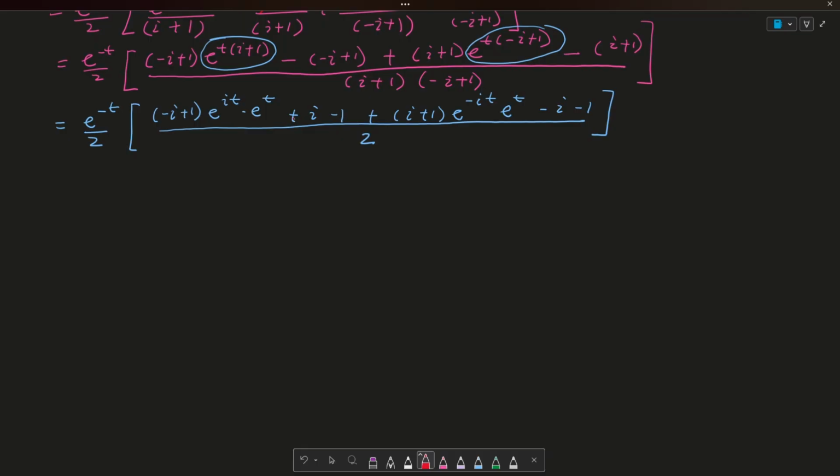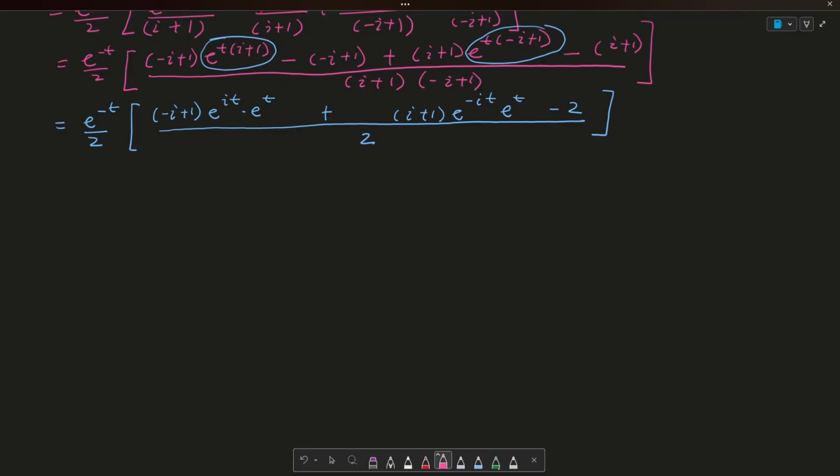Another thing we notice is that this i cancels out with this i here. So as a result, I'm going to erase them. So then this here is minus 1 and this here is minus 1. Minus 1 and minus 1 is minus 2. So I'm going to write a plus here and a minus 2.